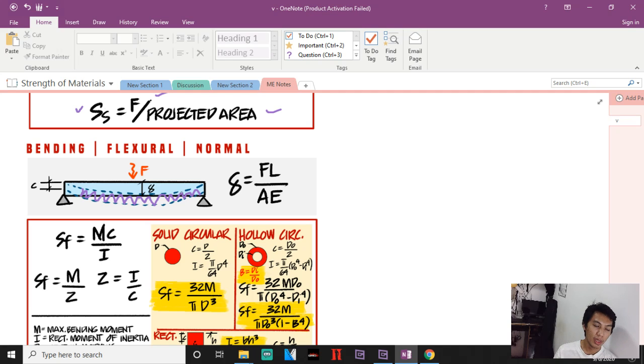Now, let's go with the deformation para madaling tandaan. Okay? Yung iba, nung ako nagre-review, ang sabi nila, PL over AE. How will you remember that? Okay? Meron silang mnemonics. Okay? So, let's use that.